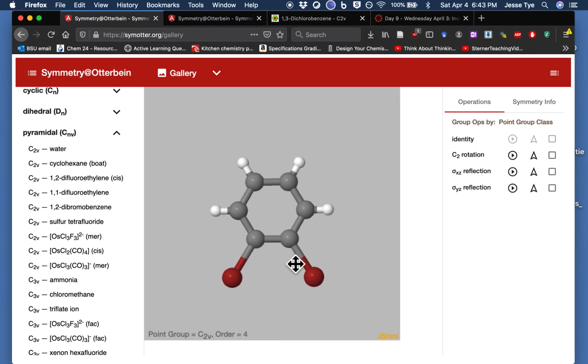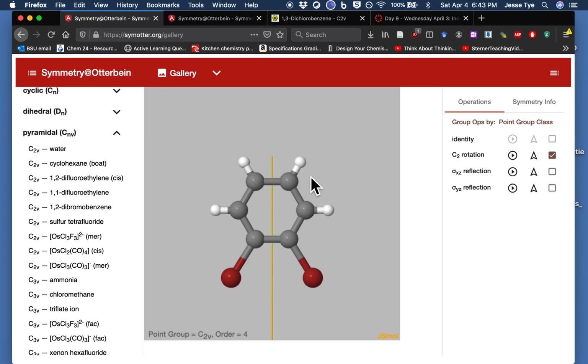Here's another one that you could think about. So for example, this one is C2V that we talked about earlier. So we could make any changes that respect the symmetry that it has. And so, for example, I could take, so these are bromines, I could make this be, say, 2 chlorines that are up here.